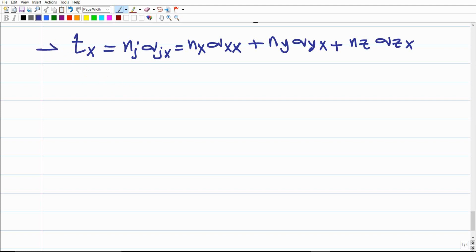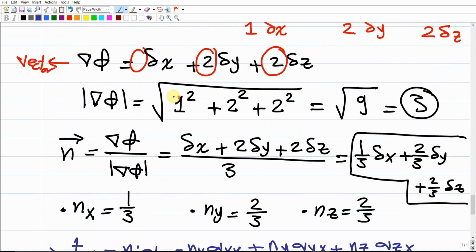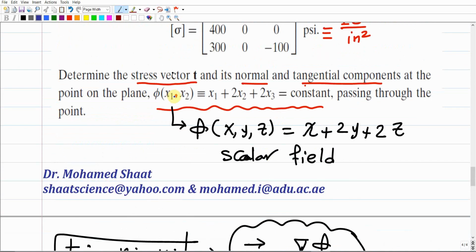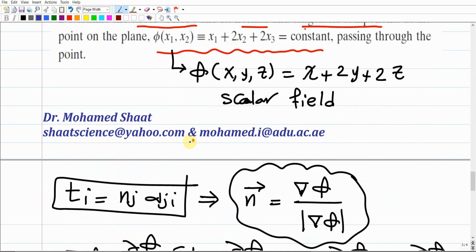So simply, your objective is just to substitute for nx, sigma xx, sigma yx, and sigma zx as we already got them up there. So nx, we got it as 1/3. This is the nx component times the sigma xx. If you go up here to this tensor, sigma xx is already 200, sigma yx is 300, sigma zx we needed at 300.